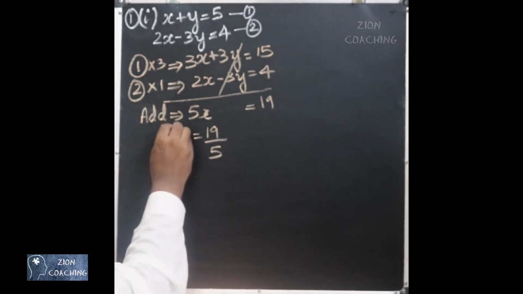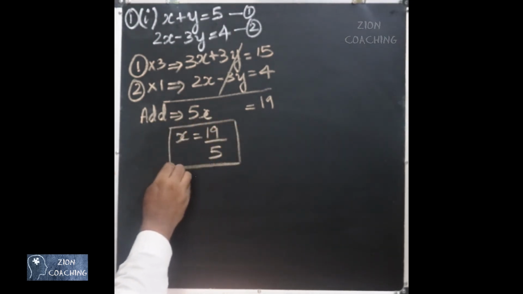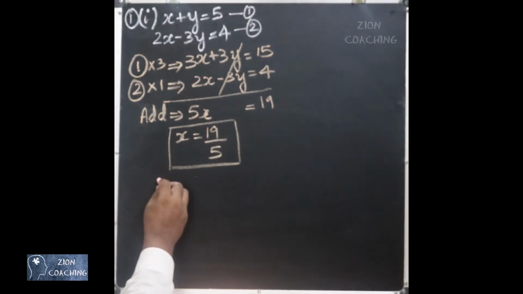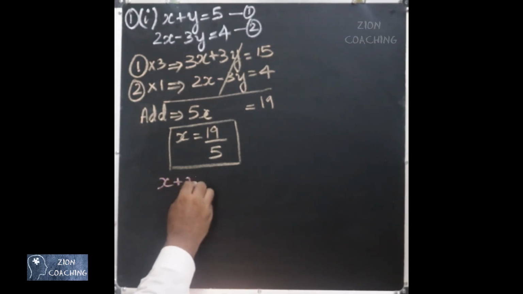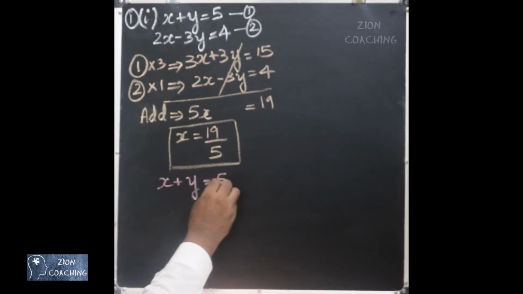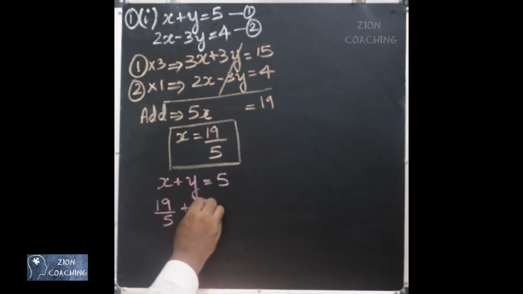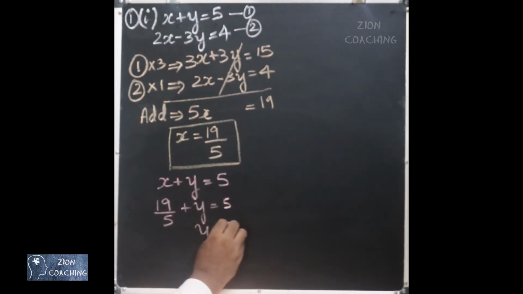Now we have found our x value. We are going to find our y value by substituting in any one of the equations. Let us substitute in the first equation. We have x plus y equal to 5. The x value is 19 by 5. So 19 by 5 plus y equal to 5. So your y value is going to be 5 minus 19 by 5.